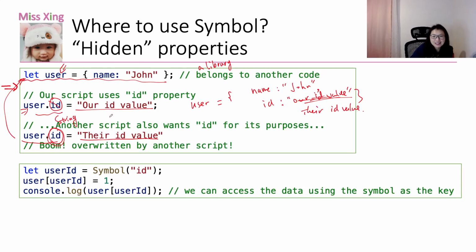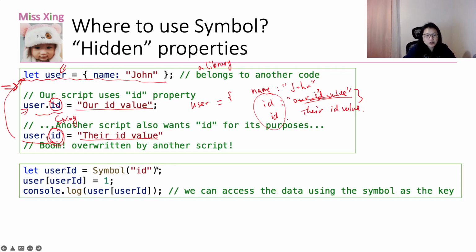It won't add another ID here, because the two property keys are exactly the same. And that is where we can use a symbol to solve this kind of problem, because with a symbol, it's going to be unique. Okay, now let me show you.